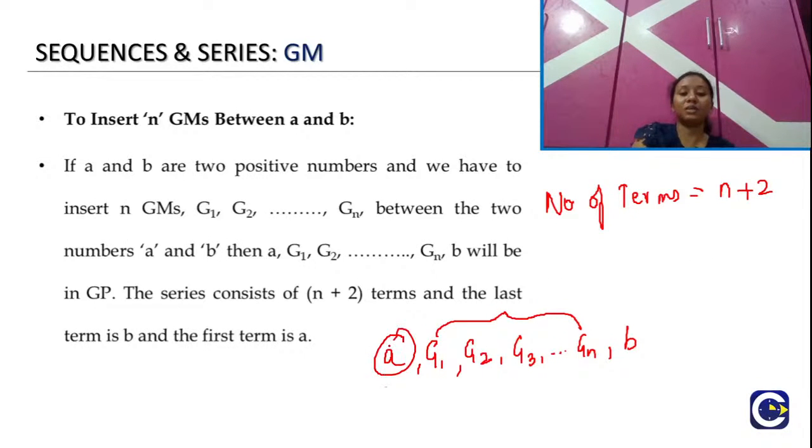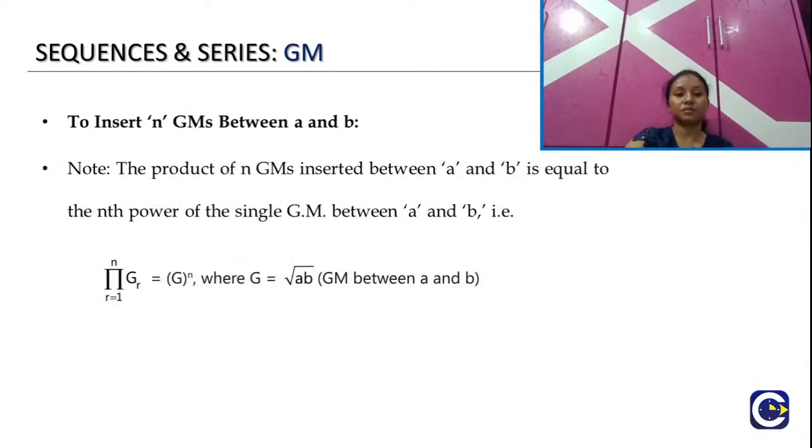Here A will be the first term of the progression and B will be the last term. And now what happens, the product of this GP, right?